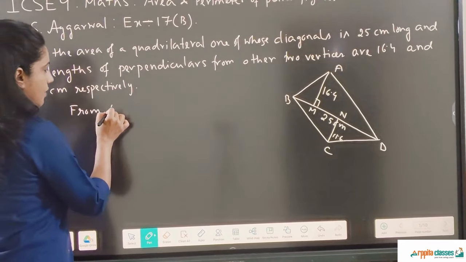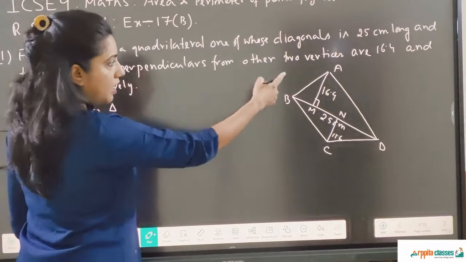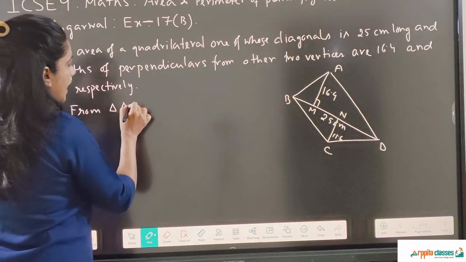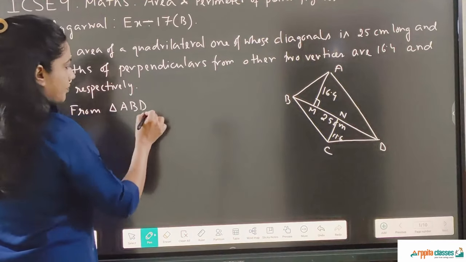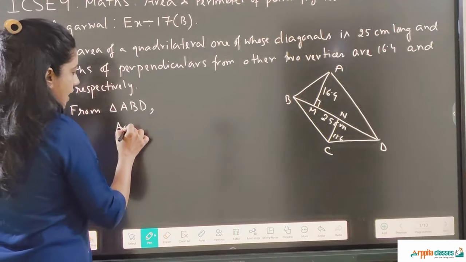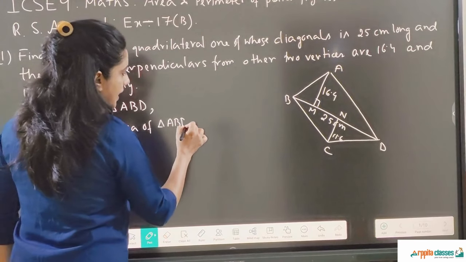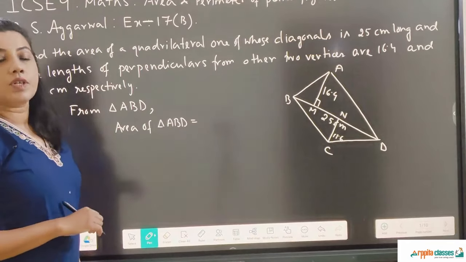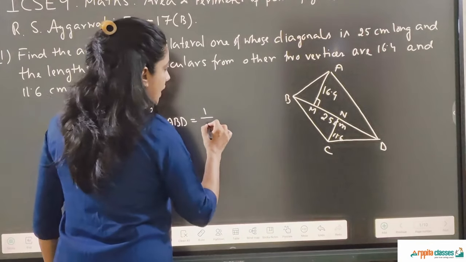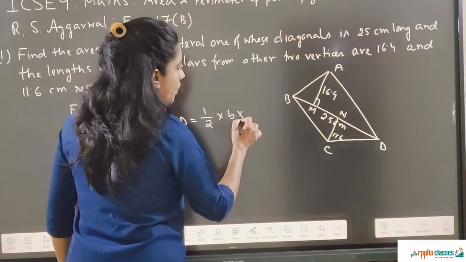First I'll take the triangle which is up, that is ABD. Area of triangle ABD is equal to, the formula for the area of a triangle is half into base into height.